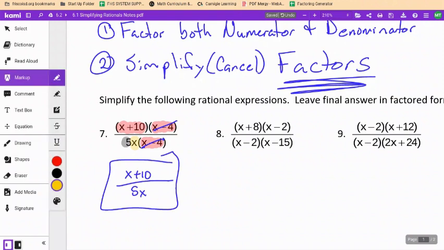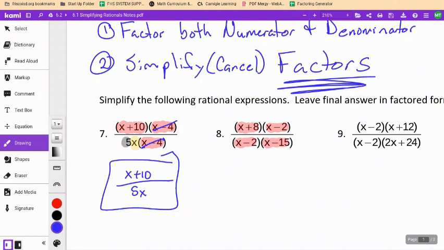Okay, same thing with number 8. In number 8, we have 1, 2, 3, 4 factors, because again, we're multiplying or dividing the expressions that I just highlighted. Now I look to see what I can simplify. I notice that x minus 2 and x minus 2 are the exact same thing, so I can simplify those.